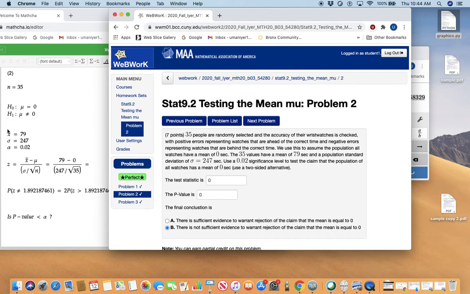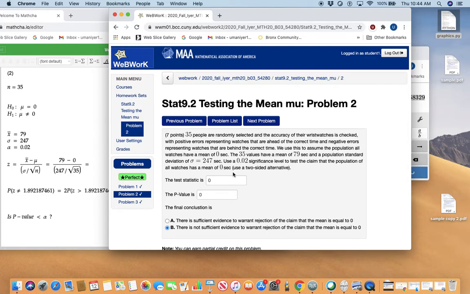So the sample mean is 79 and a population standard deviation, sigma, of 247. So this is a population standard deviation. Sigma is 247 seconds. Use a 0.02 significance level to test the claim that the population of all watches has a mean of 0 seconds.